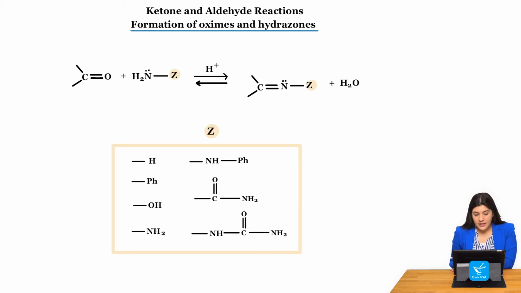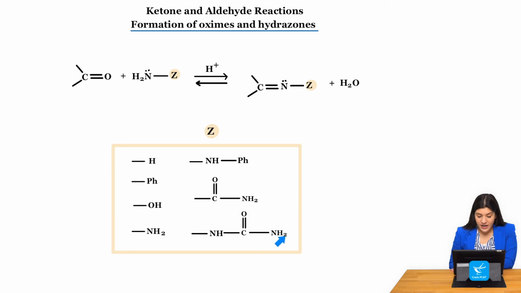Another thing we can look at is that there are several different possibilities with forming this. This is just some sort of generic reaction where I'm going to say Z can be any one of these. It could be hydrogen, it could be a phenyl, the OH group, or NH2, and so on.